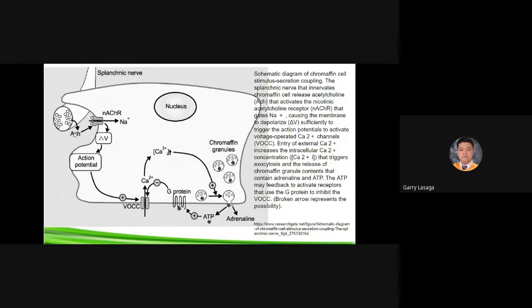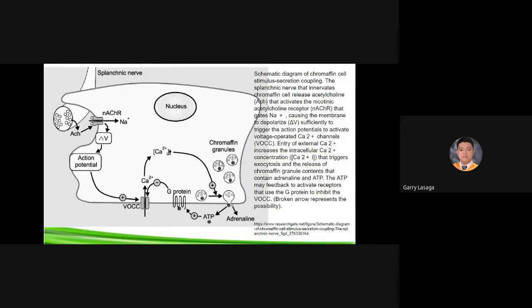And that stimulus is mediated by the activation of our receptor here, by way of the binding of acetylcholine to this particular receptor here, the nicotinic acetylcholine receptor. So that is the stimulus, and the secretion happens at this portion here.